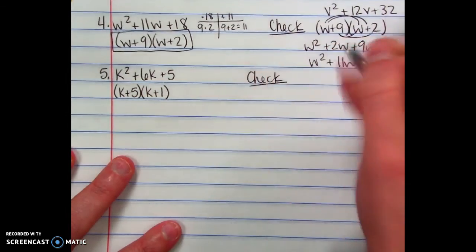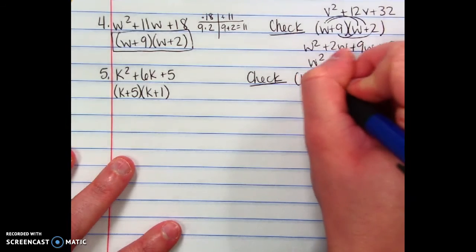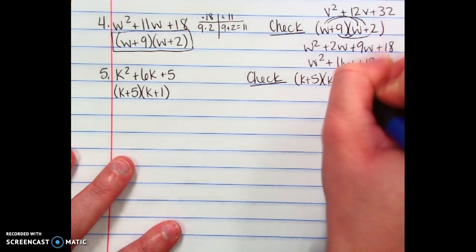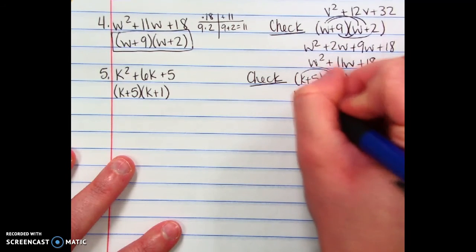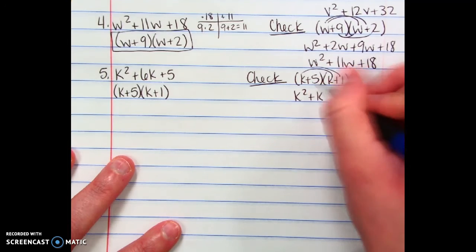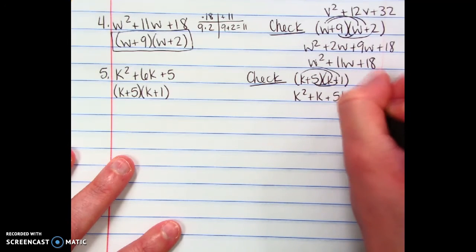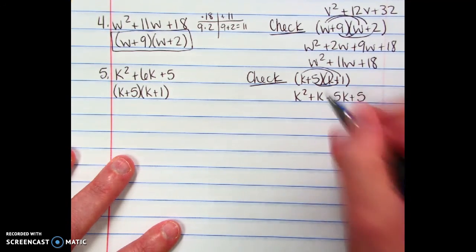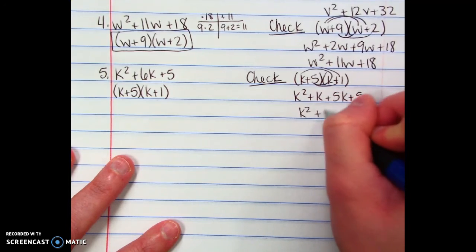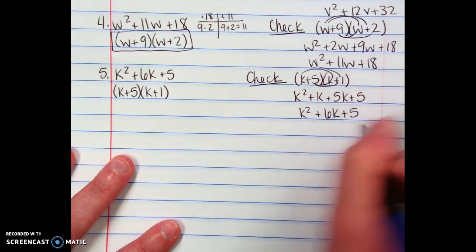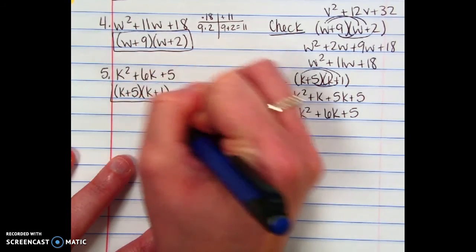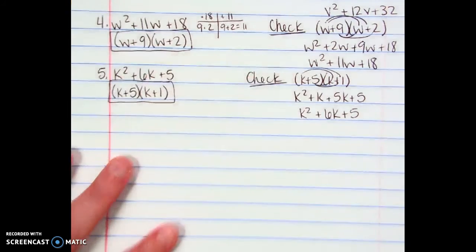And let's check the answer on that one. k plus 5 times k plus 1. That would be k squared plus k plus 5k plus 5. Combine like terms in the middle. And that is what I started with. So there is my final answer.